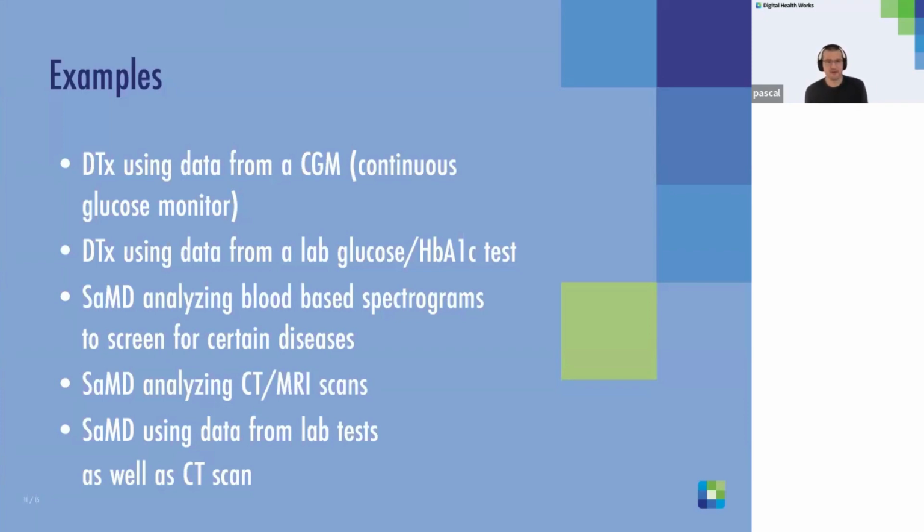What if you use lab tests and a CT scan together? Then again, the question is which one of them is contributing more to the outcome of the SaMD. If the lab test has a significant contribution, typically more than the other one, then it would count as an IVDR, while if not, it would be an MDR device in this case.